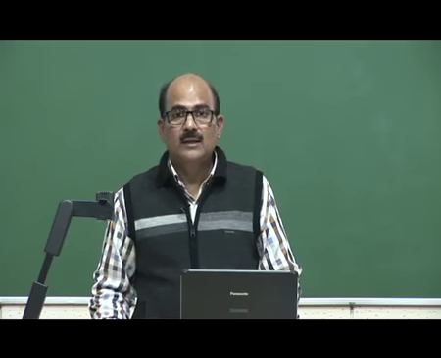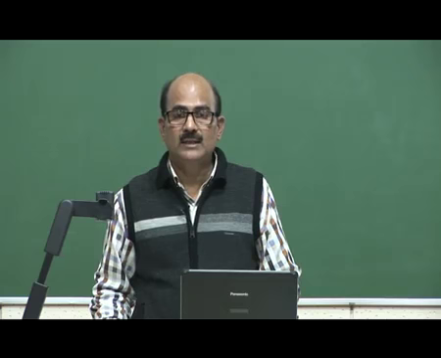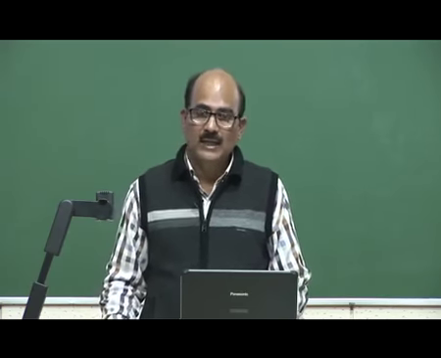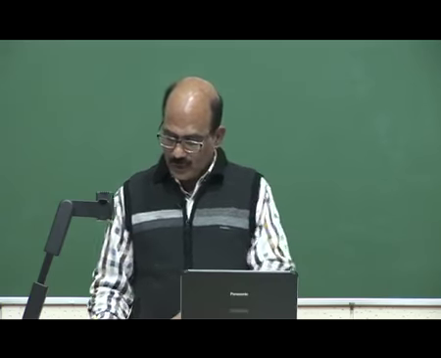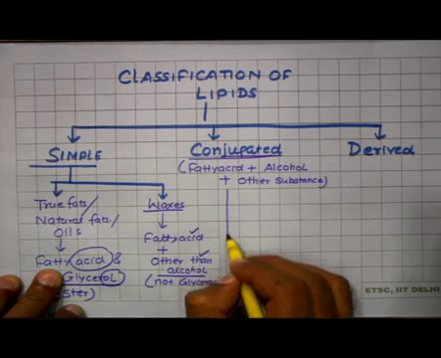Fatty acid and glycerol are commonly present in the lipid. Besides the fatty acid, glycerol or other alcohol, other molecules and atoms are also found that form the conjugated form of the lipids.